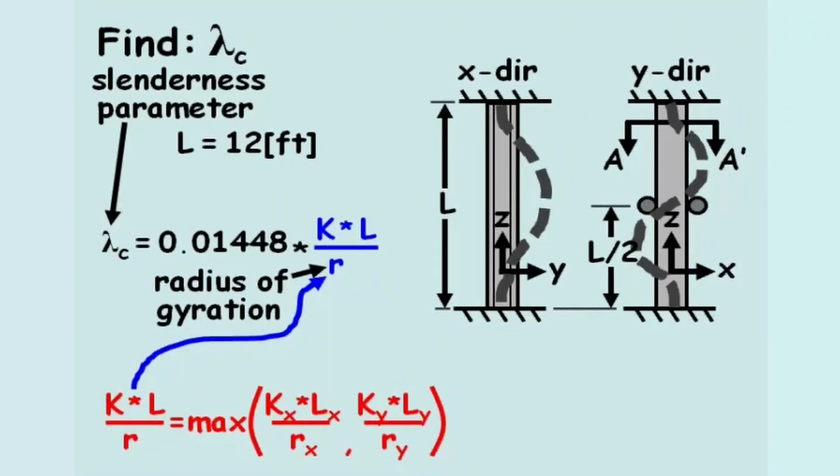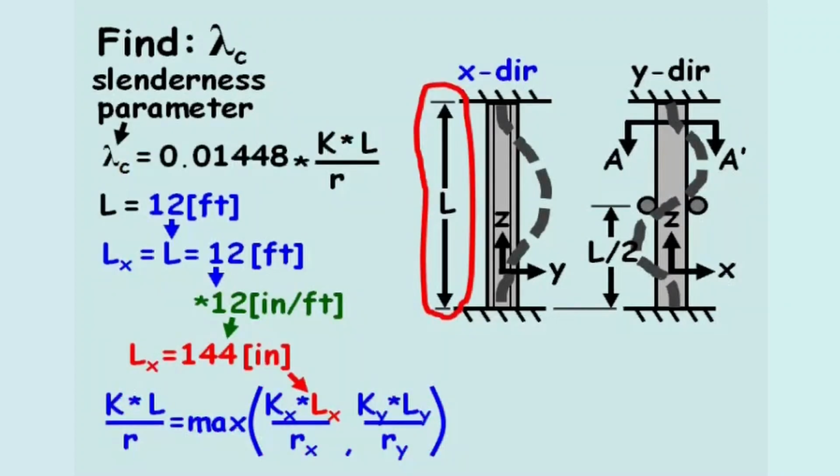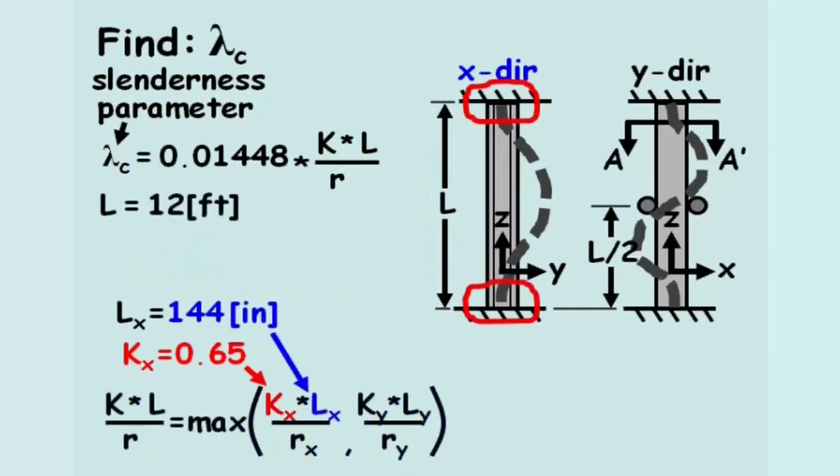The length in the x direction equals 12 feet or 144 inches. And the effective length factor, Kx, equals 0.65 because of the fixed end connections in the x direction.